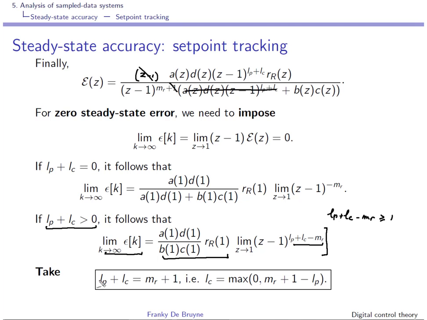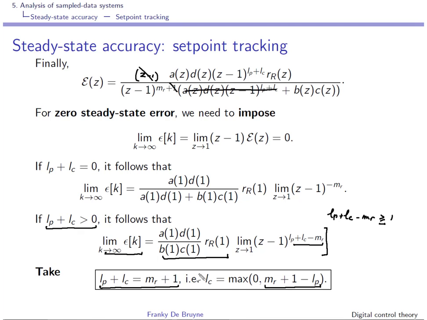So if you take LP plus LC equal to mr, because you will not put more integrators than necessary, and it's sufficient to take the equality over here, well, if you take this relation here and you choose LC to be mr plus 1 minus LP, okay, of course this has to be positive, right? So this is why we have this max.